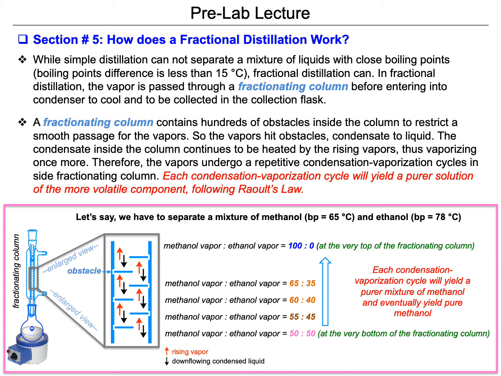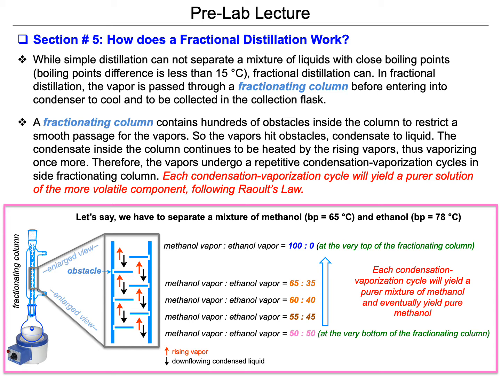And that is how we can separate liquid phases with very close boiling points through a cycle of condensation and vaporization. We have hundreds of obstacles in front of the vapor, so it causes the vapor to be condensed, and after it condenses, it warms up again with the rising vapor that is behind that condensate.